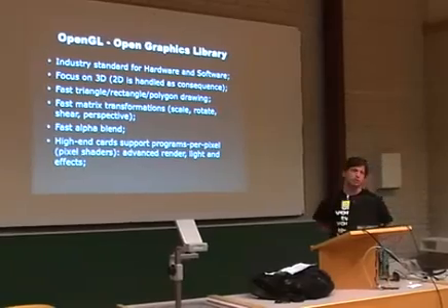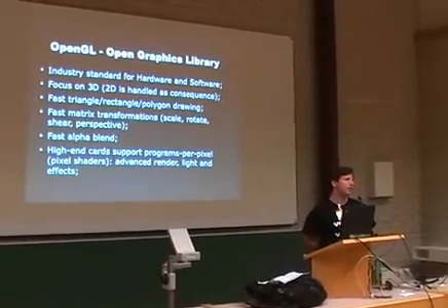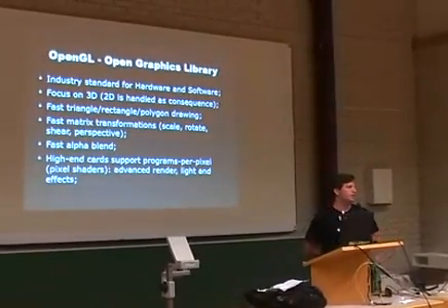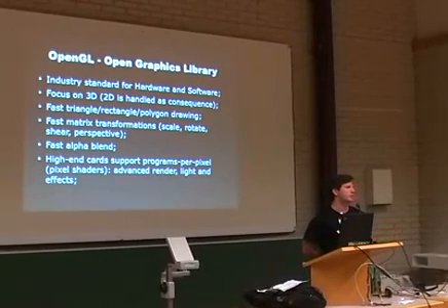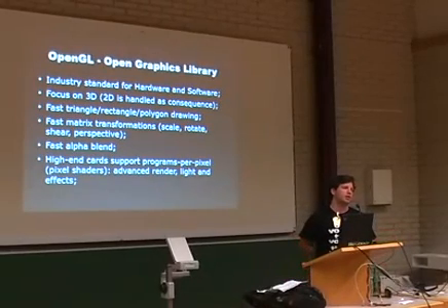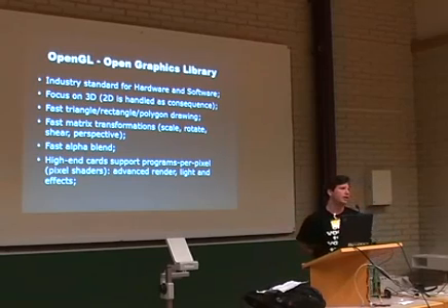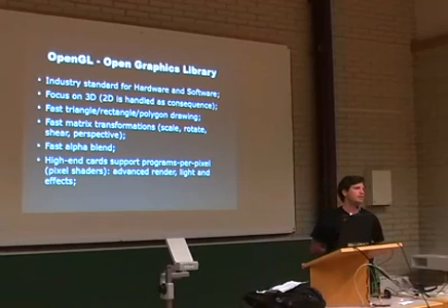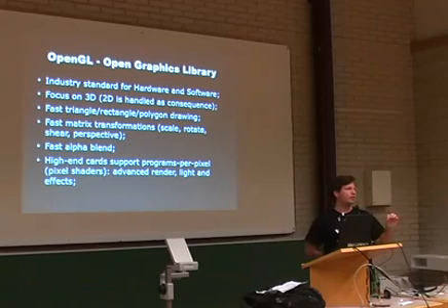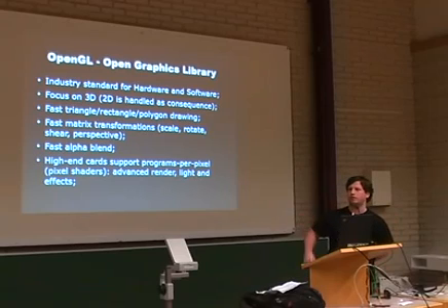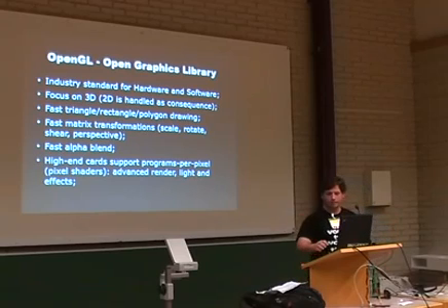It also handles fast alpha blending, and handles scale very well because scale is a matrix transformation. And as I said, the high-end cards also support pixel shaders. That is a small kernel program that you put to be executed for every pixel on the screen in a given area.